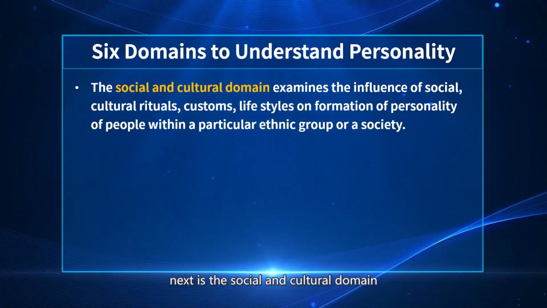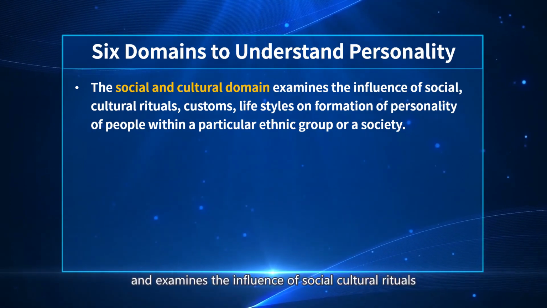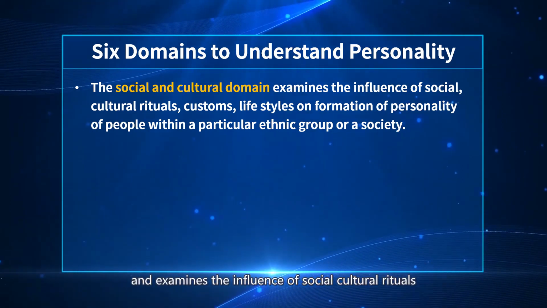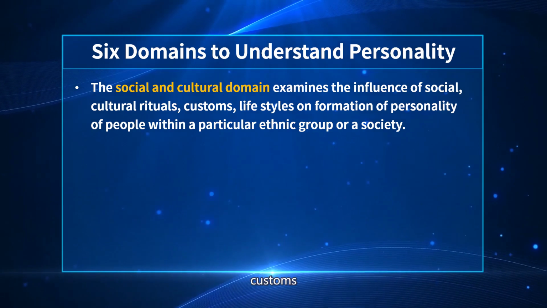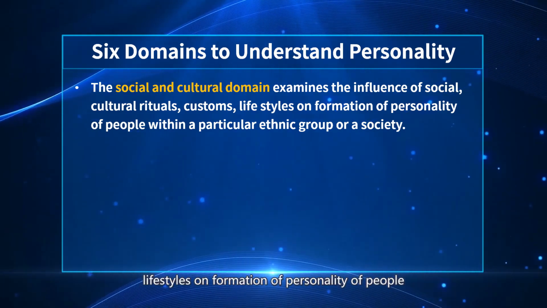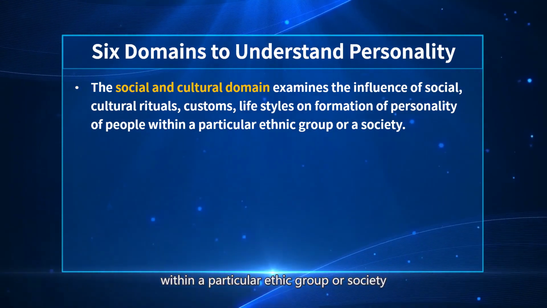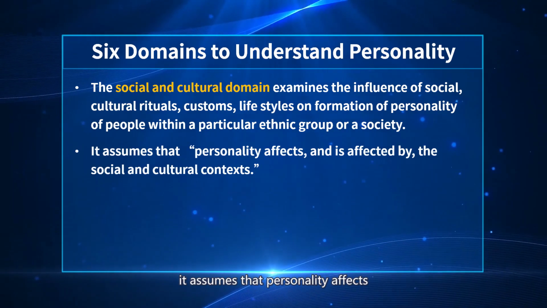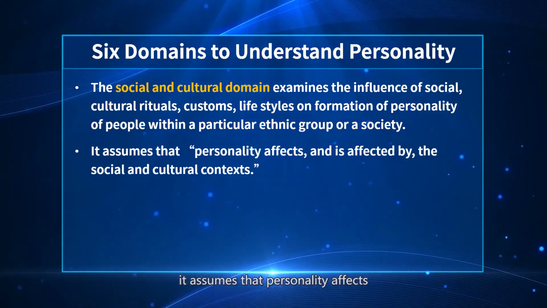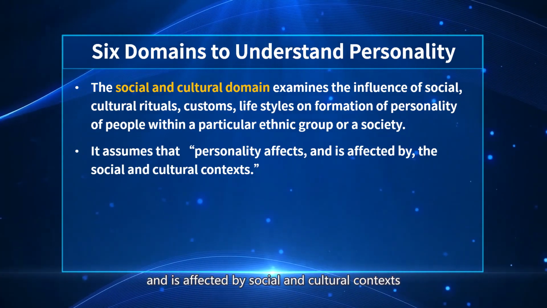Next is the social and cultural domain, and it examines the influence of social, cultural rituals, customs, and lifestyles on the formation of personality of people within a particular ethnic group or society. It assumes that personality affects and is affected by social and cultural context.